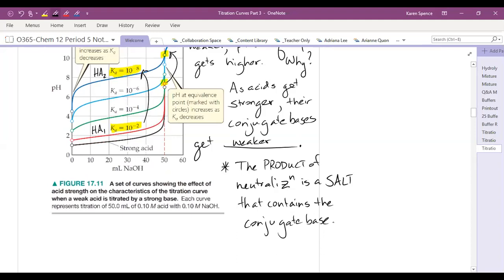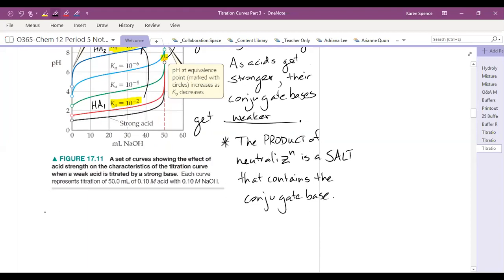So if we had NaOH, here's 3 examples, plus HCl, that's going to go to NaCl plus H2O. Our conjugate base is Cl-, and it is such a weak base that it cannot hydrolyze.